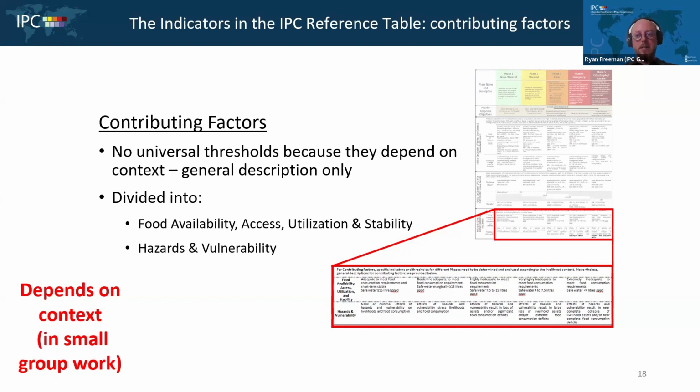And this is the really exciting part about IPC analyses, because you do come across new indicators, new sets of information. And we as analysts go through that exercise together to see how we use it in the IPC analytical framework. So we're going to go into these contributing factors in a lot more detail in the group work.